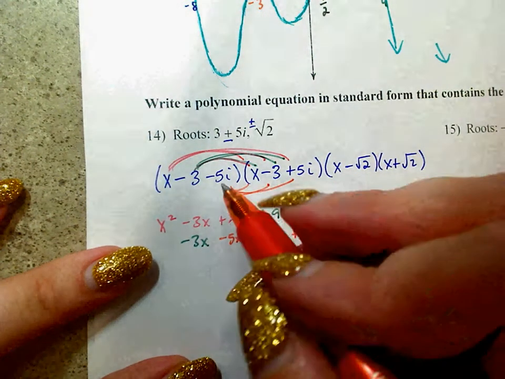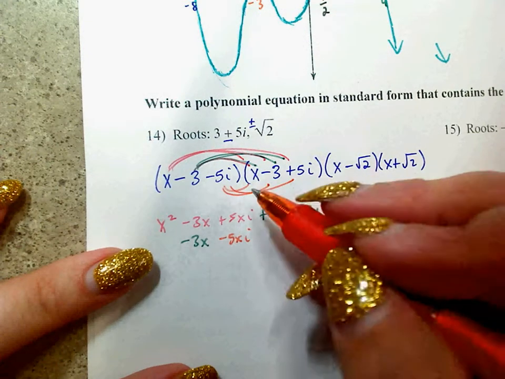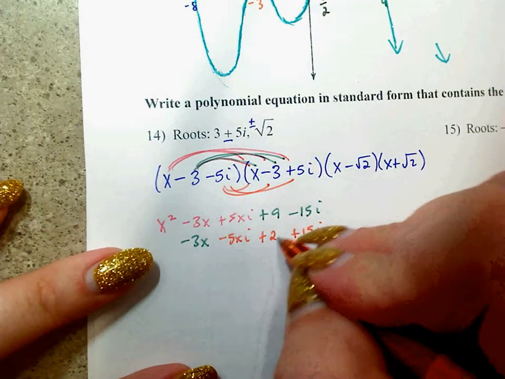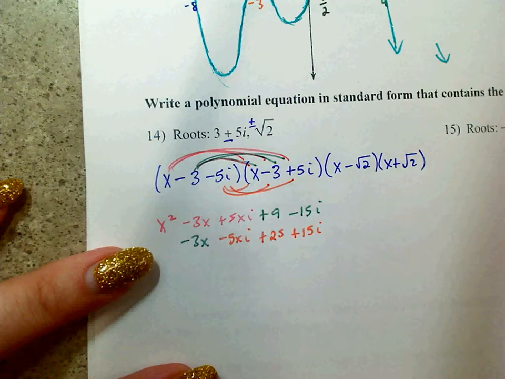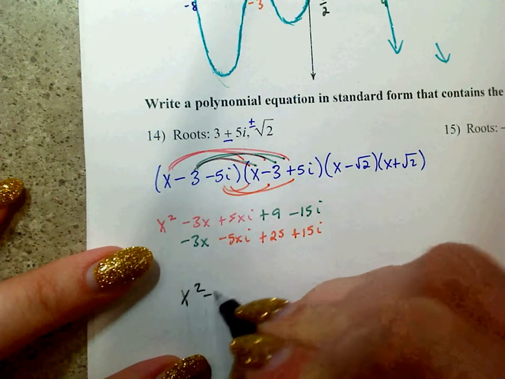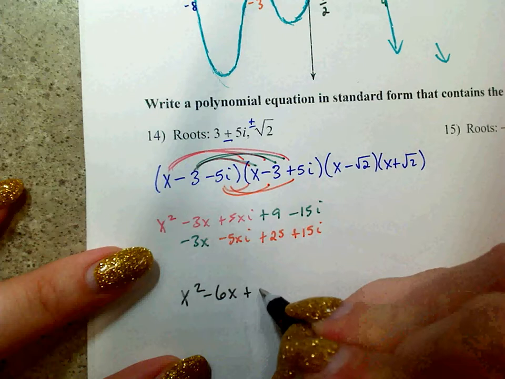A negative 5i times a positive 5i is a negative 25i squared, which is a positive 25, which means this combines to x squared minus 6x plus 34.